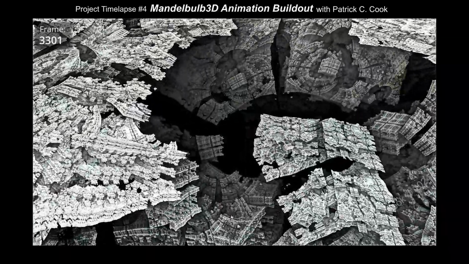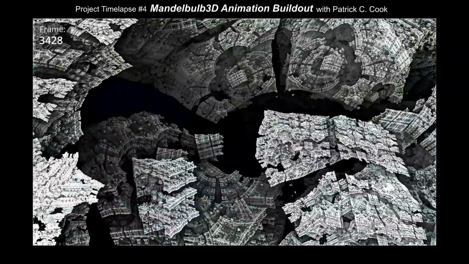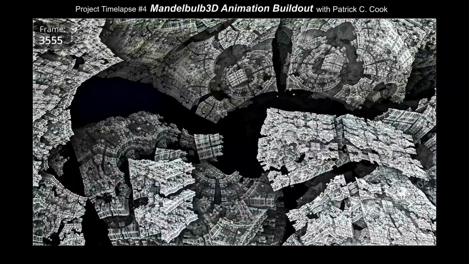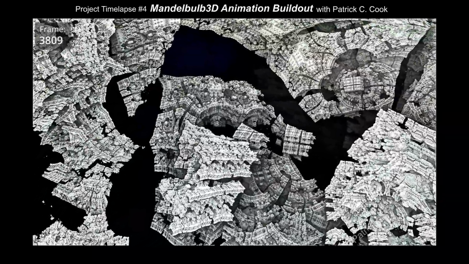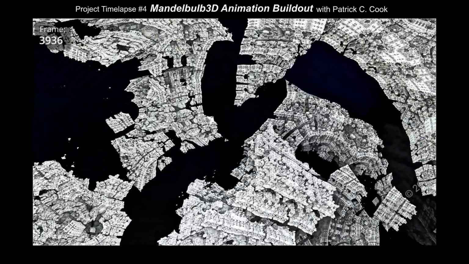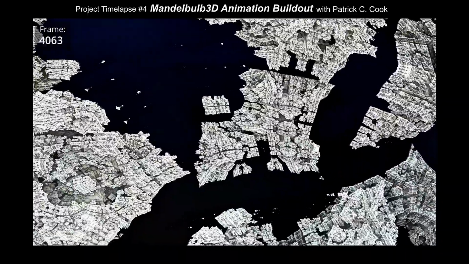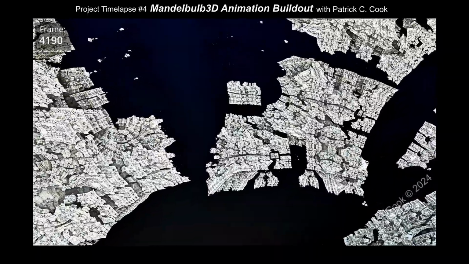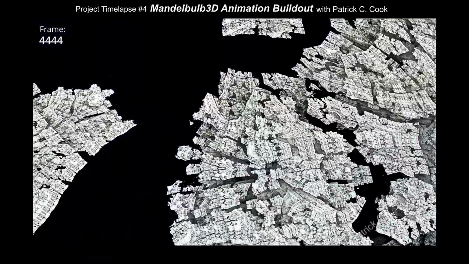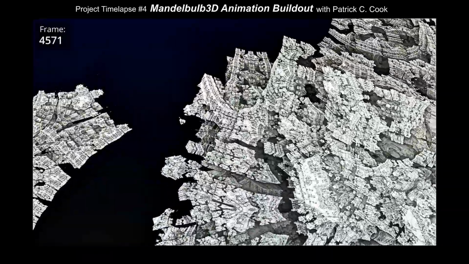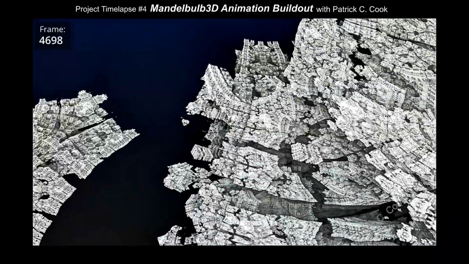And there are Mandelbulb objects that are casting shadows on other Mandelbulb objects. So, it's not perfect. But this was a really, really tough animation because we had to move through it. I wanted to get close, but I didn't want to actually collide with anything, but I wanted to get close to the object.